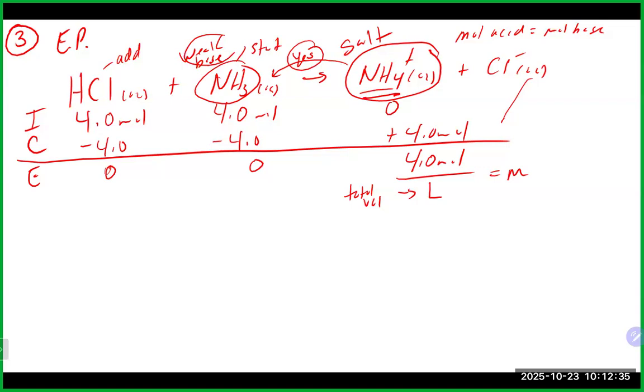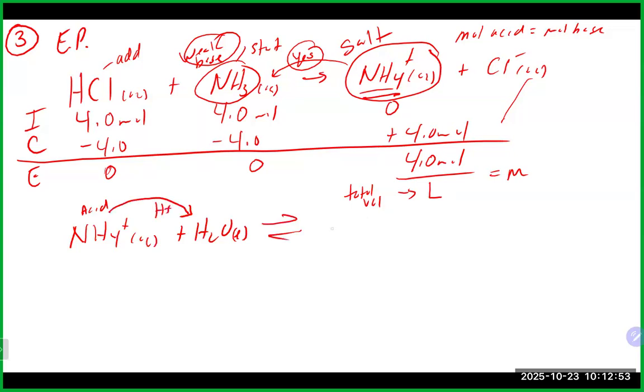And since it does come from a weak base, we know that when it does react with water, it should act as an acid because it's a conjugate acid. The definition of an acid is it should donate its H plus over, and in this case, we will make H3O plus here.